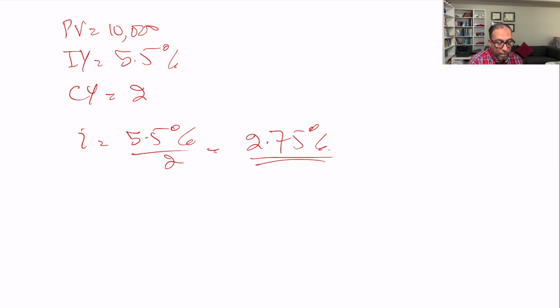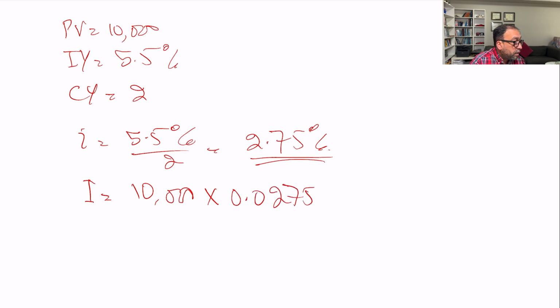So i is 2.75%. Our interest amount is the present value 10,000 times the i we calculated, 0.0275. So we get $275 each compounding period, which is semi-annually.